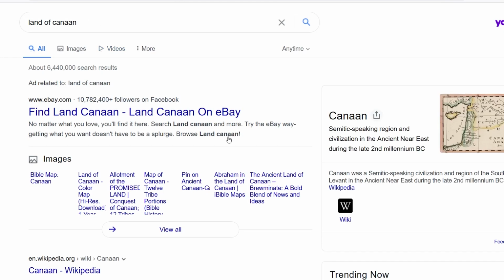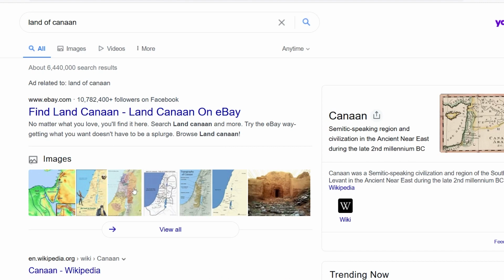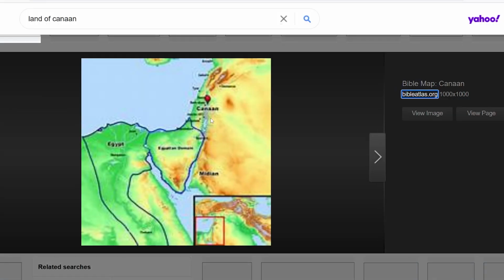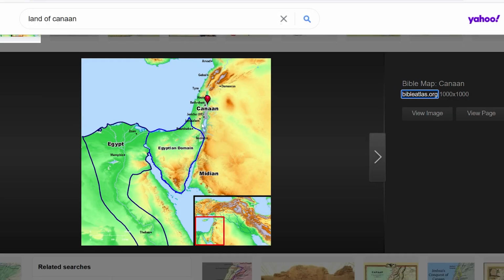Look, watch. He goes right here. They even call it Canaan. There's a picture of it right there. Say land of Canaan. Oh, there it is. So he was here in Canaan.